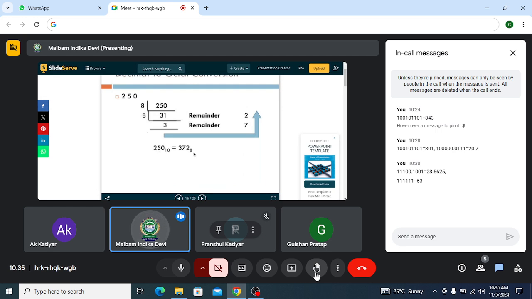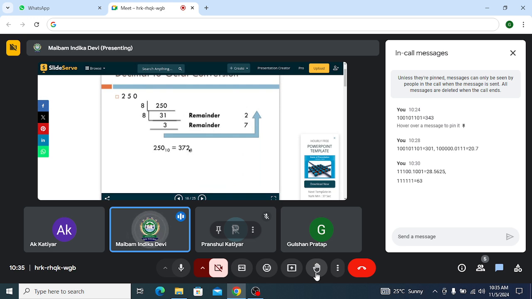So we divide 250 by 8: 8 times 3 is 24, you get remainder 2... 8 times 31 is 248, you get the remainder 2. Again you divide 31 by 8: 8 times 3 is 24, and the remainder is 7. Similarly you write from the bottom towards top, 372. This is the octal equivalent.